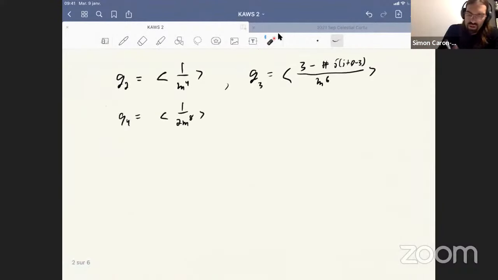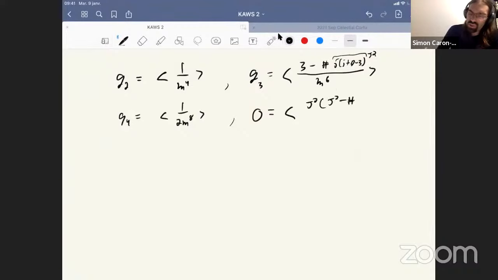When you combine these two ways of computing G4, the difference between them is something that has to average to 0 in the UV, and that goes like, let me call this thing J^2, J^2 times some (J^2 minus some number) over M^8 is equal to 0.